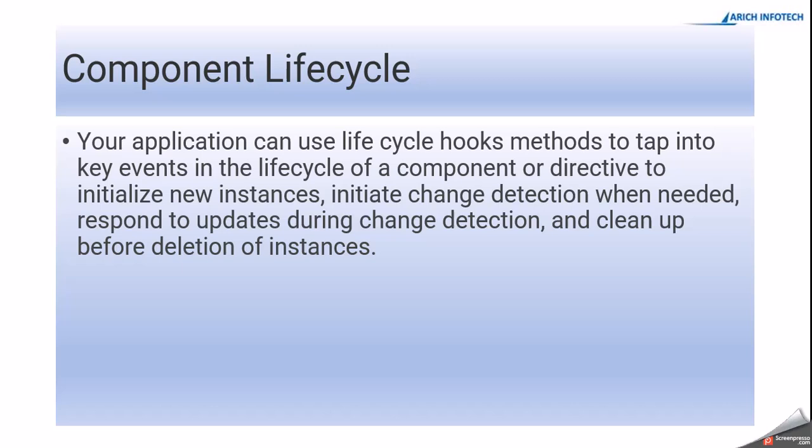After execution of the constructor, 8 methods will execute from start to end. Means after creation of the object of a component, first the component will execute, then the constructor will execute and create the instance of the component.